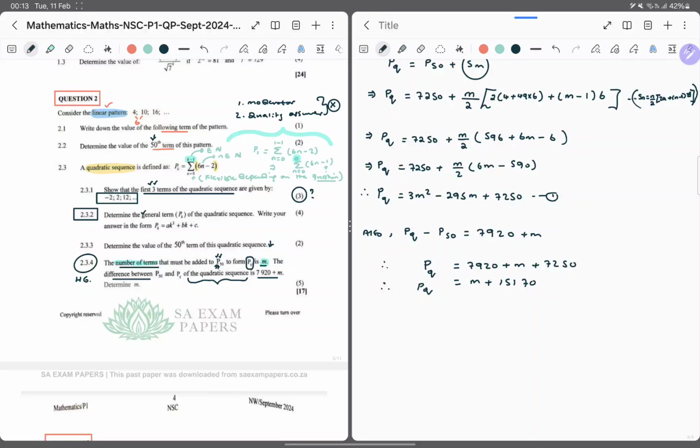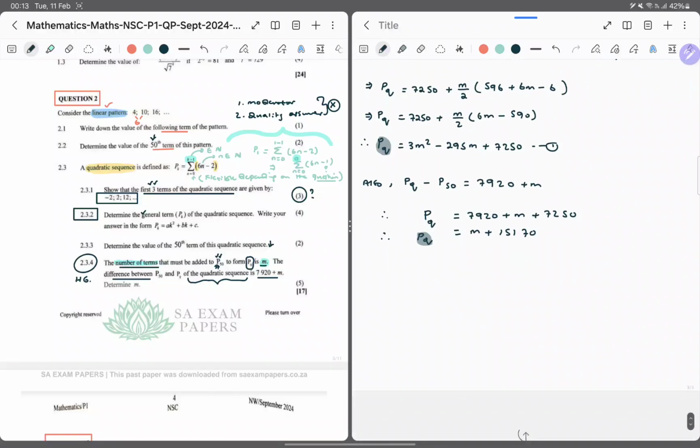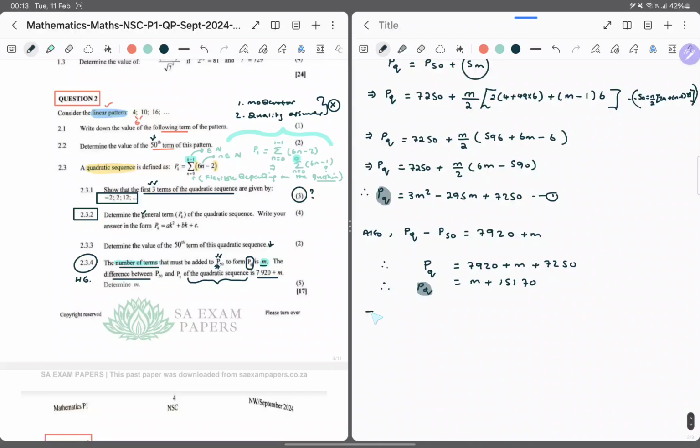Okay, so folks, do you realize now that we are defining P sub Q? So these are simultaneous equations. So we can say then, we know that this shenanigan, 3m squared minus 295m plus 7250 is equal to m plus 15170. Easy, because essentially equation 1, maybe we can call this equation 2, we know that 1 is equal to 2.